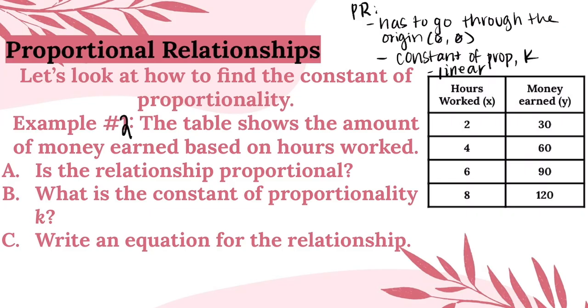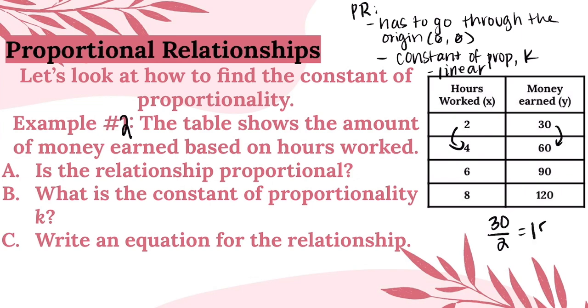Okay, so let's look at this table to see if it's proportional. To find the constant of proportionality from a table, we want to see how much the y is increased and the x is increased. We can also just take a y and divide it by an x. So I'm going to go ahead and do that. I'm going to take the 30 and I'm going to divide it by 2.